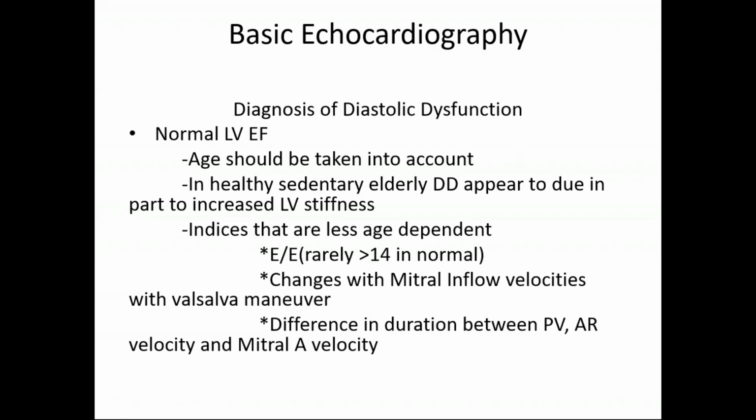Diastolic dysfunction, as we said before, appears to be a problem with increased LV stiffness. Okay, and when you look at your E prime, this is supposed to be E prime. So what we're saying is that in some of the older patients, you have to be careful. You have to look at the age of the patient when you're evaluating the patient for diastolic dysfunction, because your 80-year-old patient, because of age, the LV is going to be stiff.